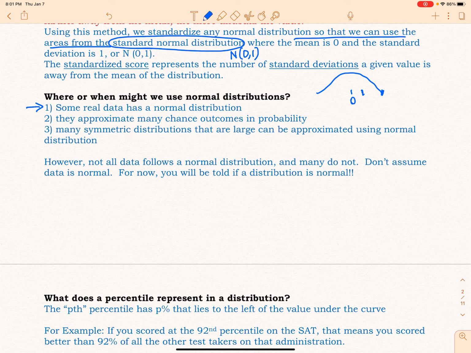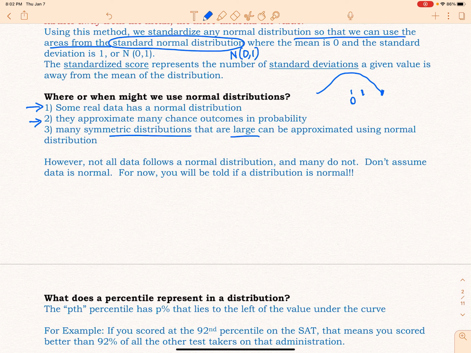Sometimes we can approximate many chance outcomes in probability, so we use the normal distribution for that. And then we have a lot of symmetric distributions that happen to be very large, and they can be approximated using the normal distribution. Again, we're going to talk more about those types of distributions later on.